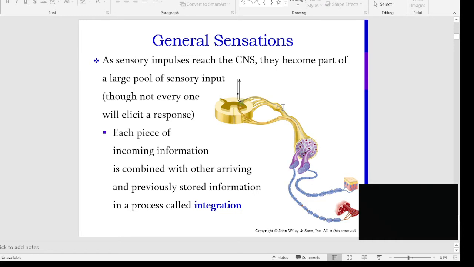Then it enters the cord. Then you have here the interneuron. But since it goes to the cortex, it ascends to the sensory cortex. Then the response goes down, passing through the anterior horn and going out to the effector organ, the muscles.